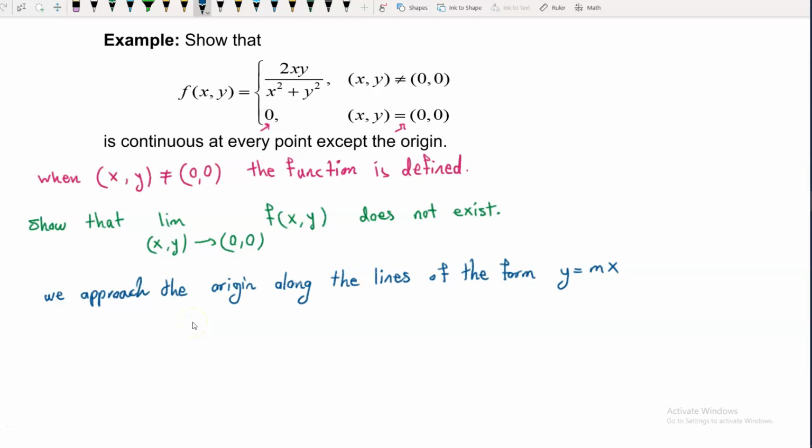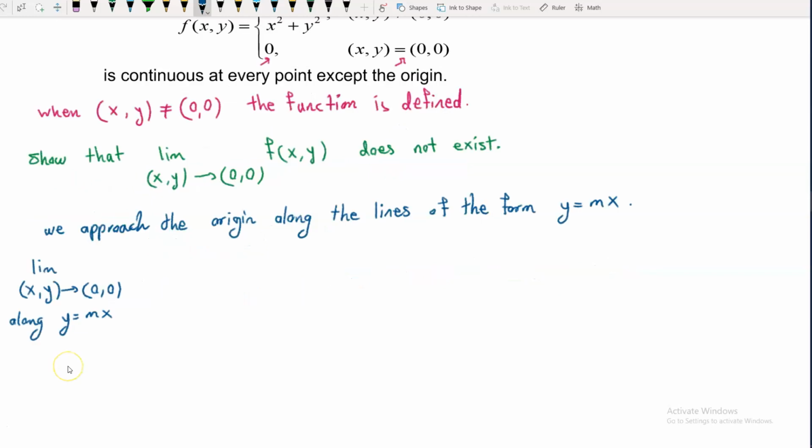We approach the origin along lines of the form y equal to mx, because if the limit existed, we must get the same value regardless of which curve we approach the origin along. So I'm going to evaluate the limit as x, y approaches 0, 0 along y equal to mx of our function f of x, y.